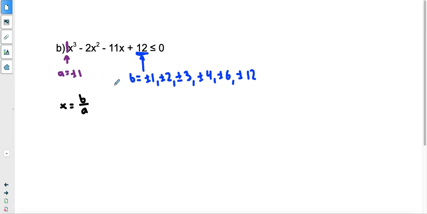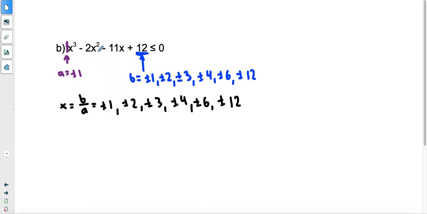If I divide these values by positive or negative 1, that's not going to change these values, right? I'm still going to get these values back. So that means I want to try plugging some of these values into my polynomial to help me find some of the zeros of my polynomial.